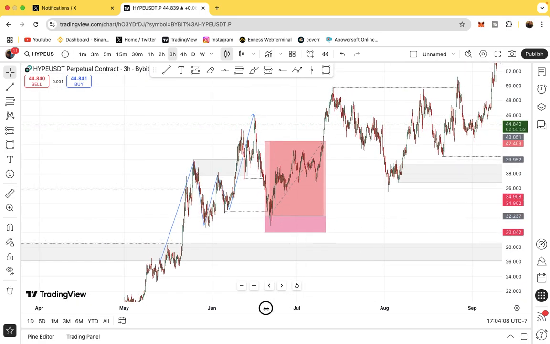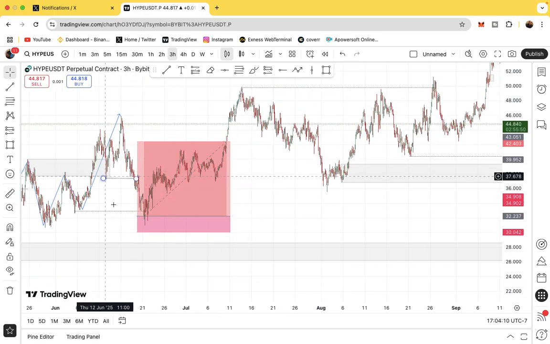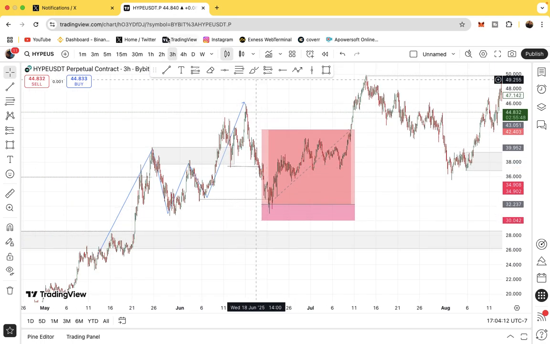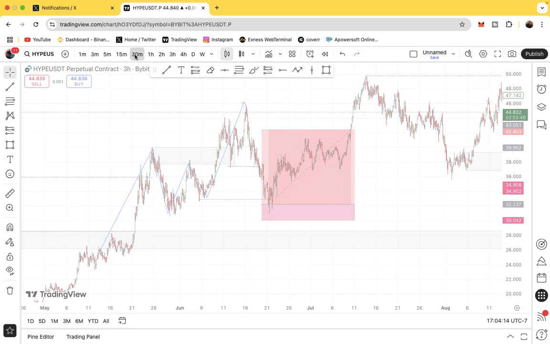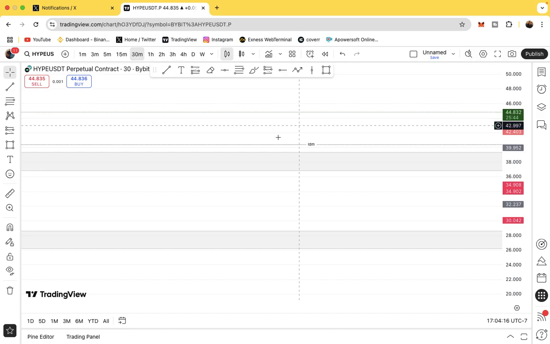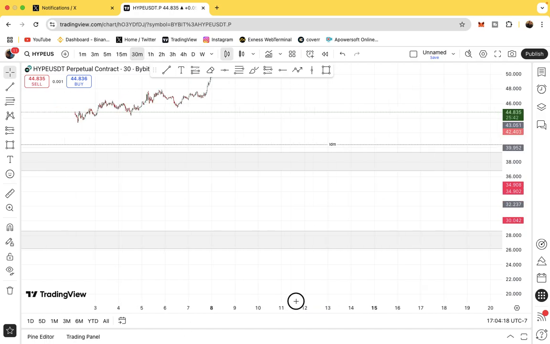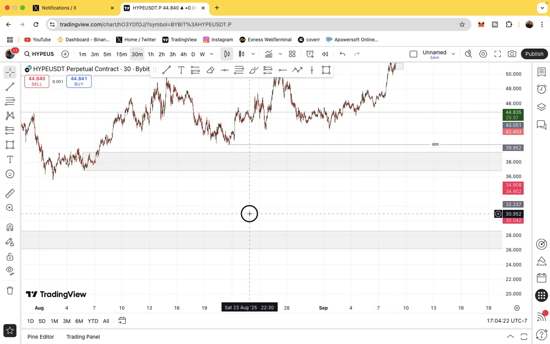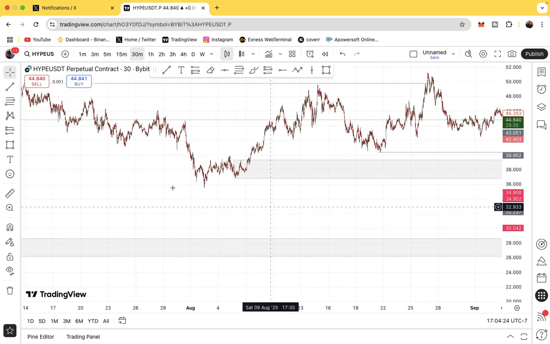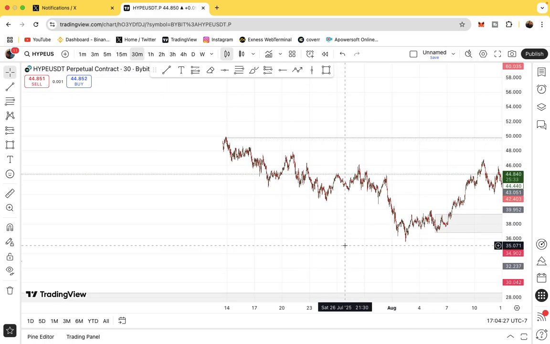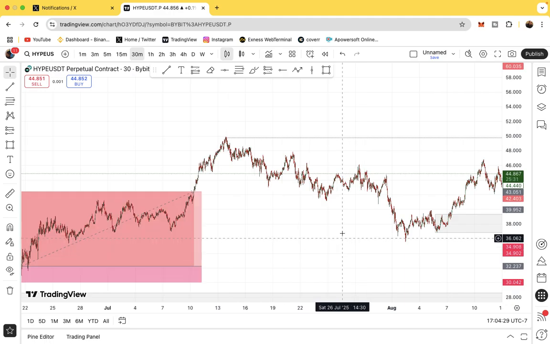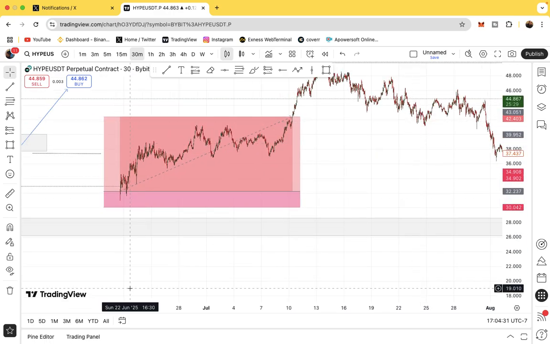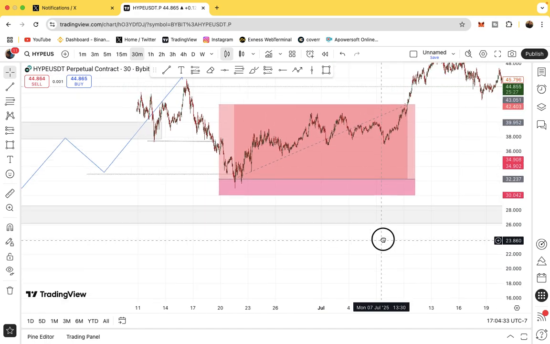So for this first trade, my unmitigated order block was, I forgot the time frame in which I saw it. I think it's on 30 minutes. Where is that chart? Yeah, I think it's this one for the first trade.